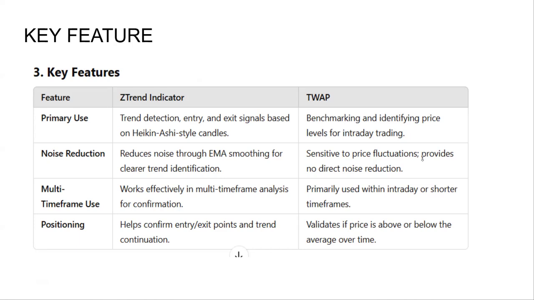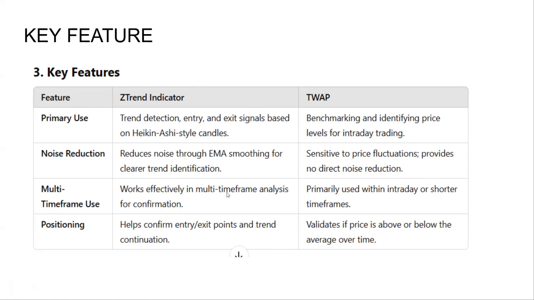TWAP is very sensitive to price fluctuation because it is a time-based average price, and provides no direct noise reduction. There will not be anything. Multi-time frame use: Z trend can be used in multi-time frame analysis for confirmation.